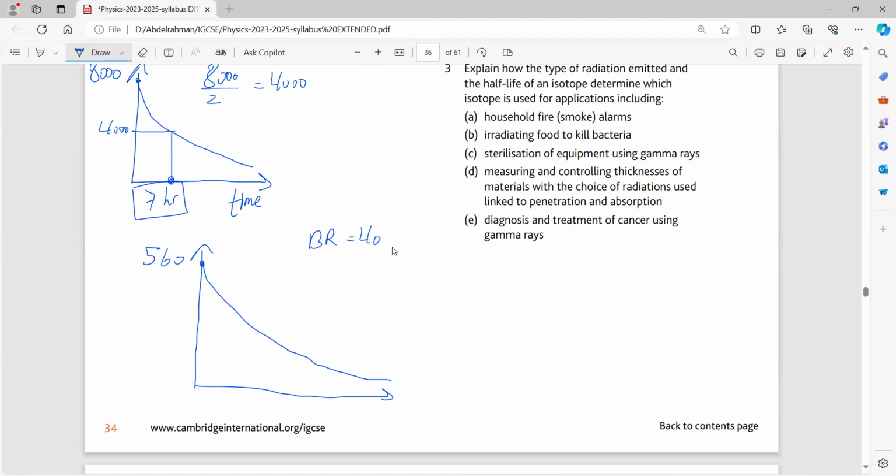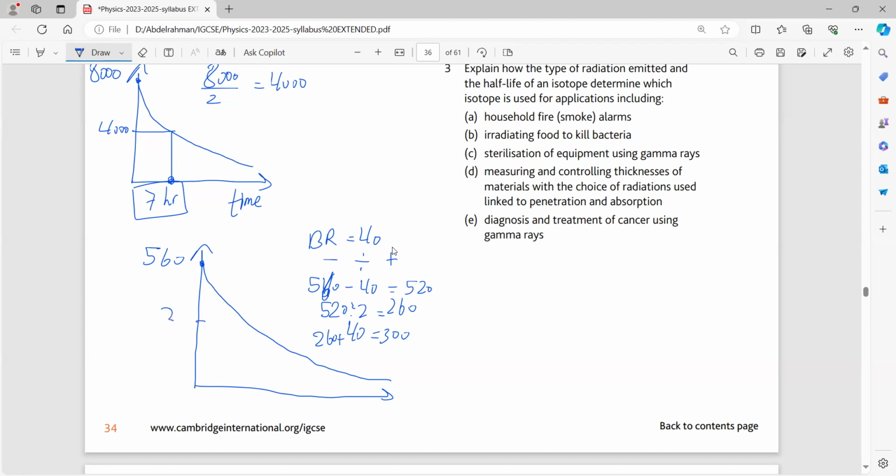Minus, divide, plus. You have to remember this. You first subtract the background radiation: 560 minus 40 is 520. Then you divide the 520 by 2, which would be 260. And then you add the background radiation again, which gives 300.